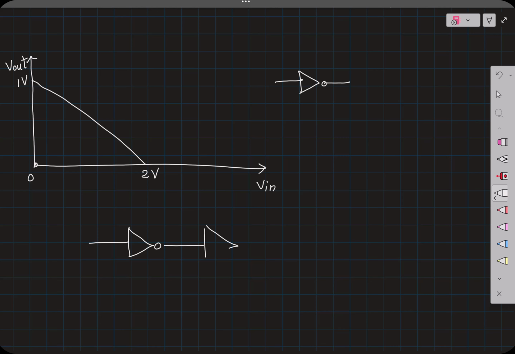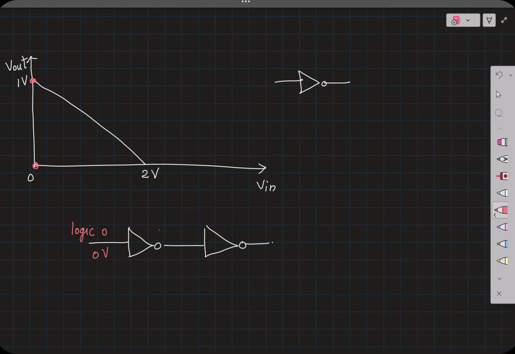So let's say I take 2 of these inverters. Let's say I feed logic 0, that is, I am feeding 0 volt at the input of this inverter. What is the output? If I feed in 0 volt, what is the output based on this diagram? That is going to be 1 volt.